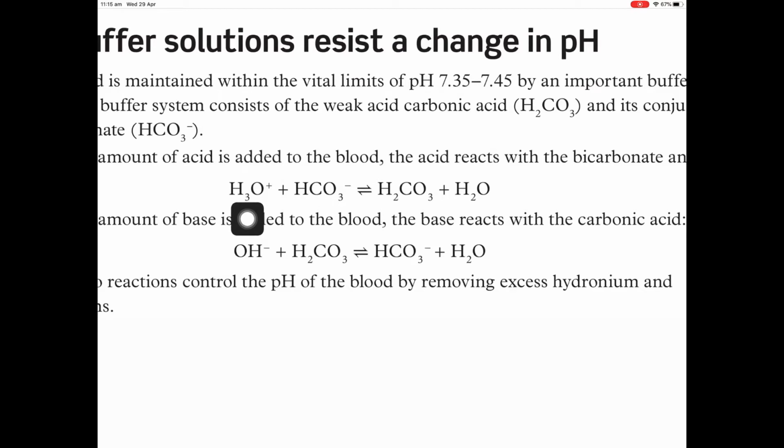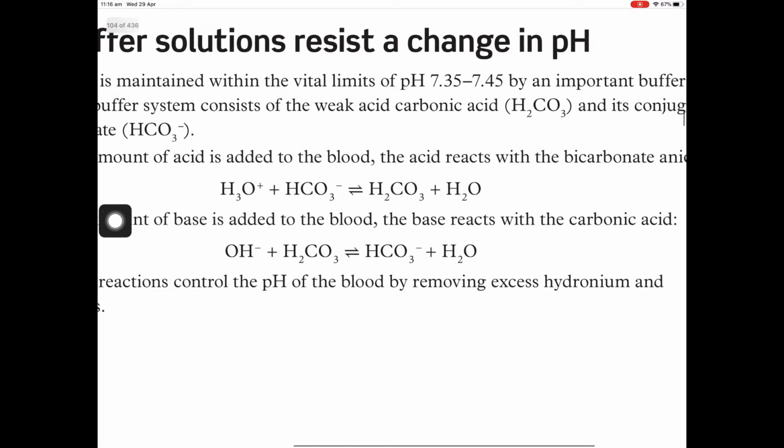If that went up too high, that would combine with the bicarbonate ion, HCO3-, hydrogen carbonate, or bicarbonate. And that's an equilibrium with the carbonic acid molecule and a water molecule. So this is the reaction that occurs if your blood increased too much in acidity.